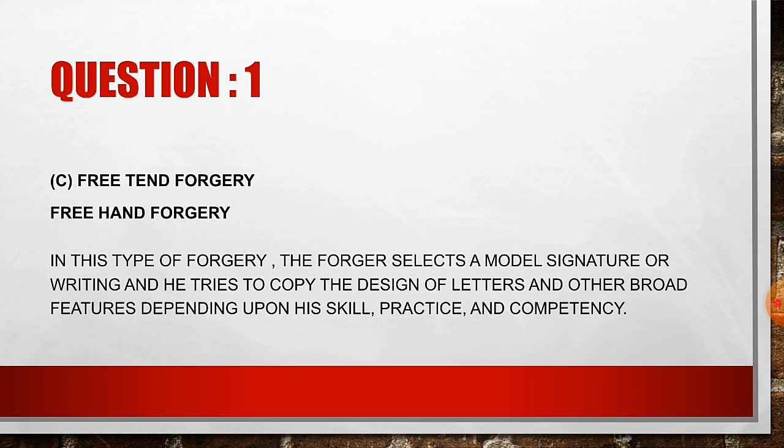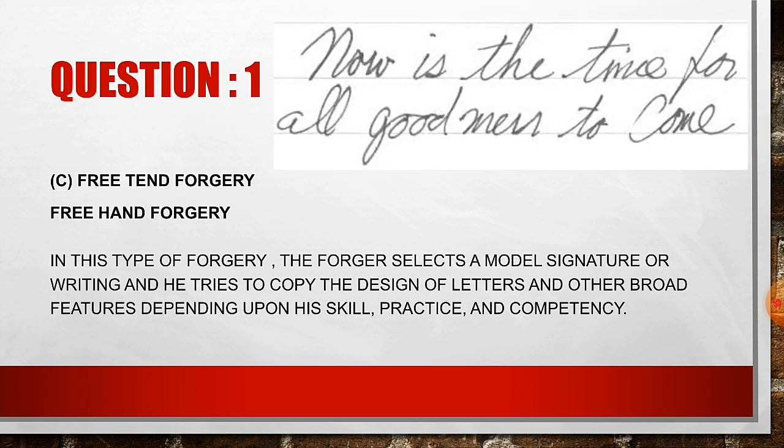In this type of forgery, the forger selects a model signature or writing and tries to copy the design of letters and other broad features depending upon his own skill, practice, and competency. So you can see in the picture that there is no copy or nothing superimposed, only writing by their free hand, by their own skill. So I don't think it is a superimposed one.